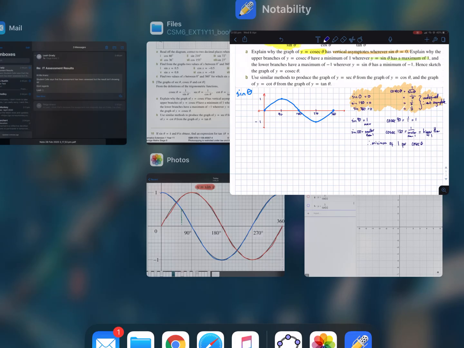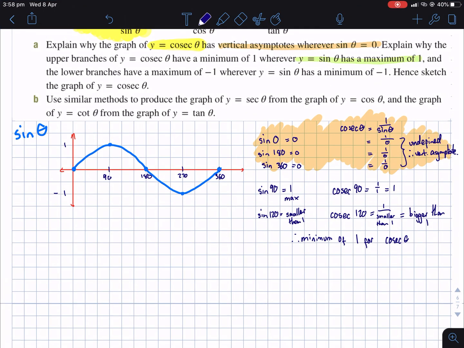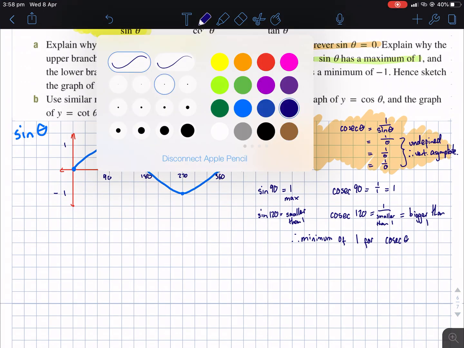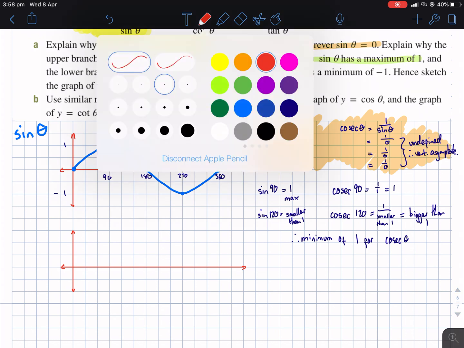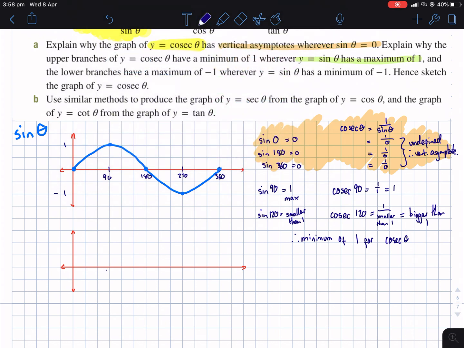So let's actually have a look at cosec. We can do a fairly average job of drawing this once again. So this is going to be 90, 180, 270, 360.